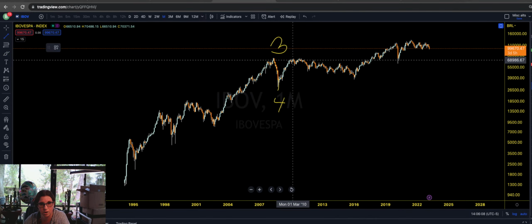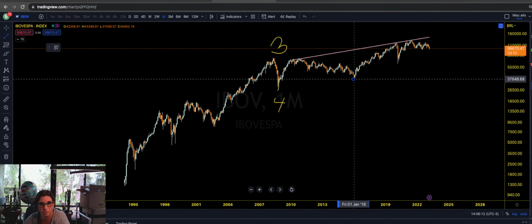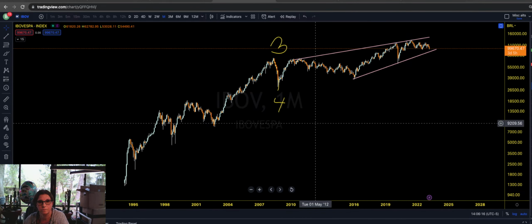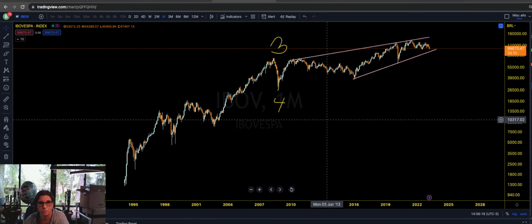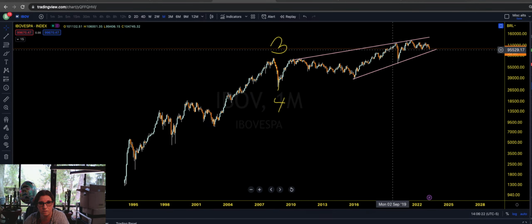Almost looks like it's trying to put in an ending diagonal, though. Okay. Let's take a look at this area right here.